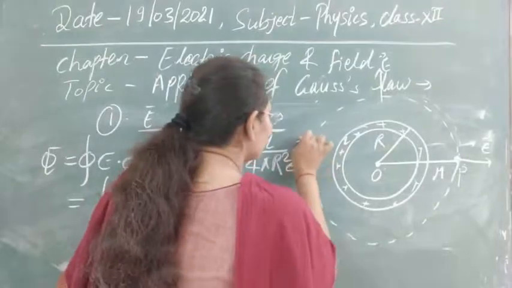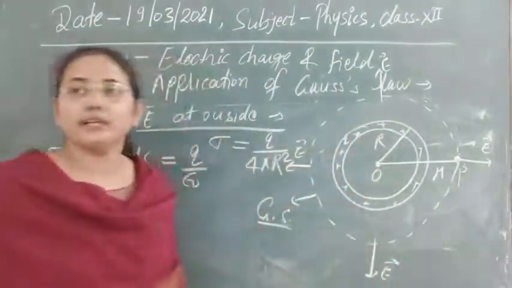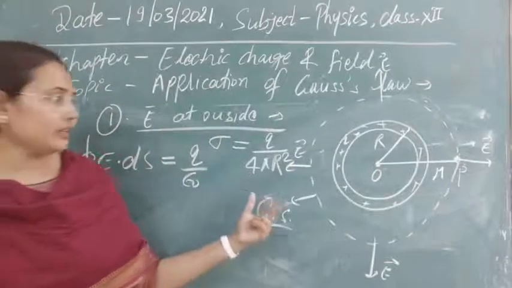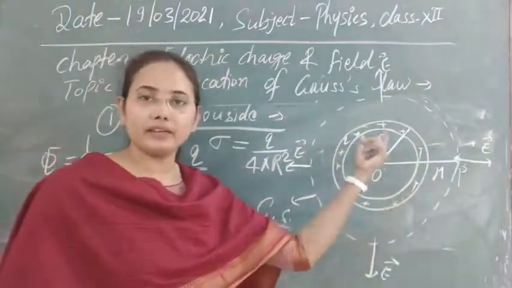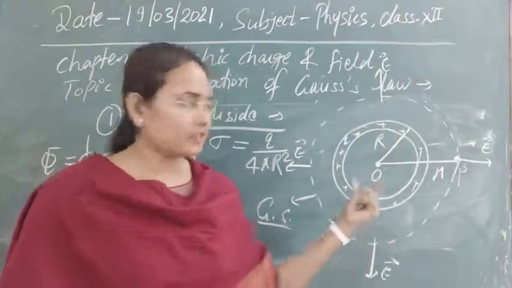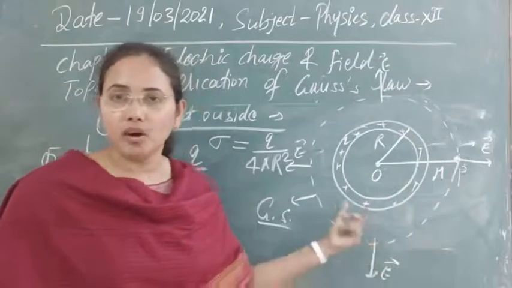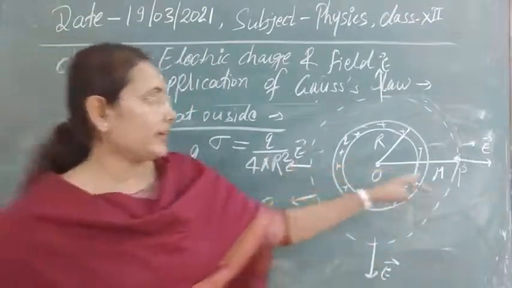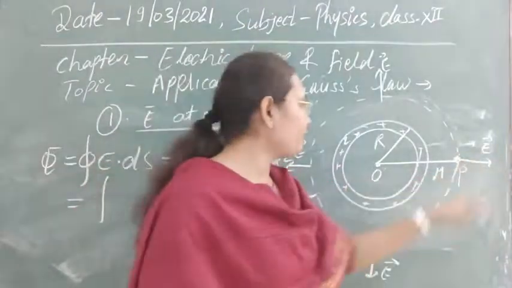This electric field will be radially outward, and at any point we can calculate it, since all points are at the same distance on the spherical surface. So this is the direction of the electric field E.